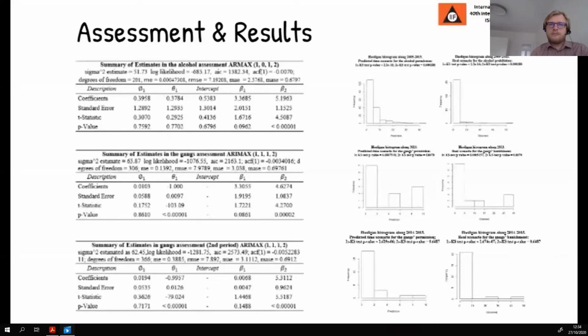In each case, we used non-parametric tests for the median and the Kolmogorov-Smirnov goodness of fit for this distribution. The tests suggest that we cannot reject the null hypothesis for the equality of median and the equality of distribution, which means that in each case and in each assessment, both the period before the law and after the law, as if the law was not implemented, are statistically similar.